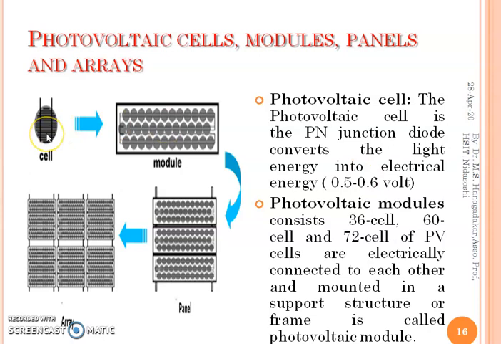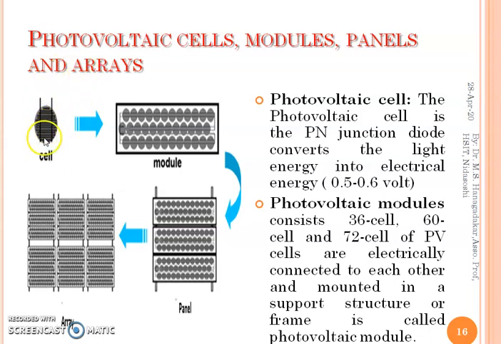As we discussed in the previous lecture, a photovoltaic cell is a PN junction diode which converts light energy into electrical energy. This PV cell unit is made up of two types of semiconductors, N type and P type, which are placed over one another to form the PN junction.